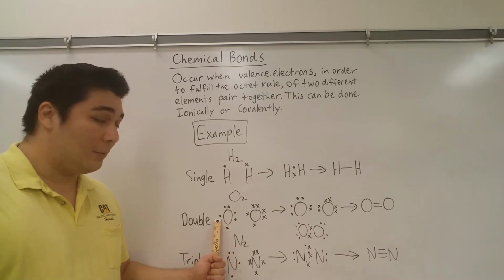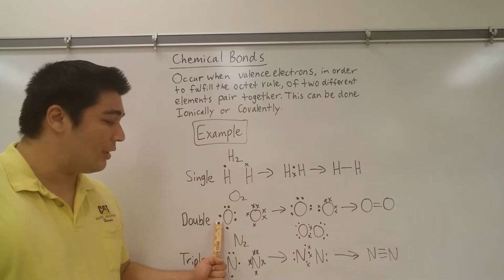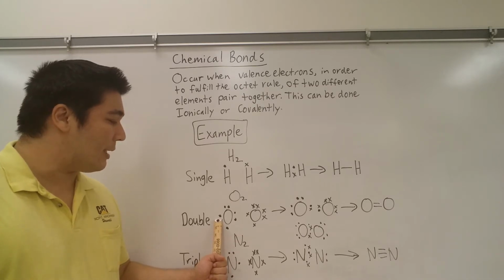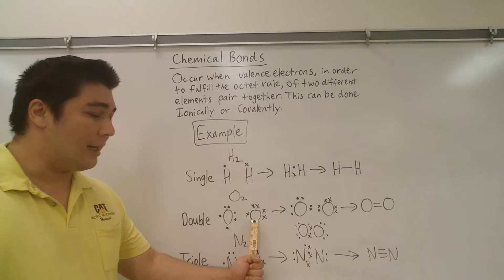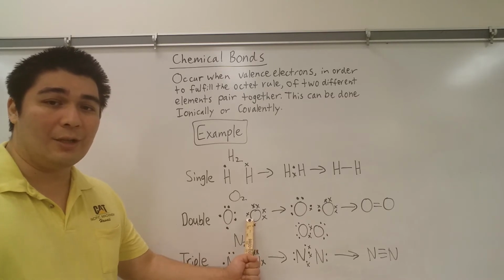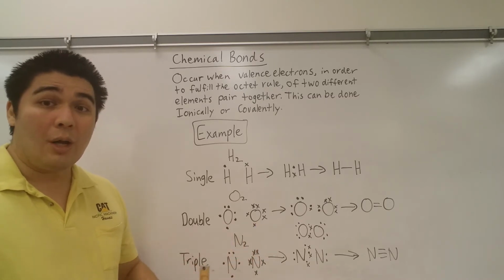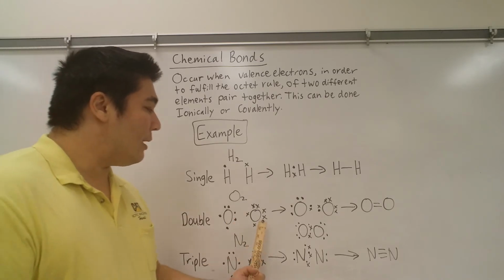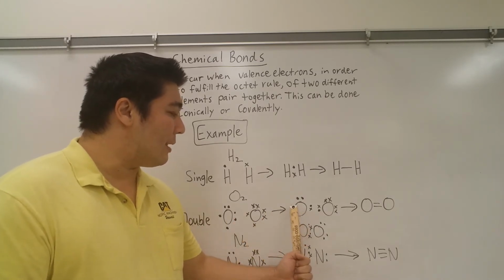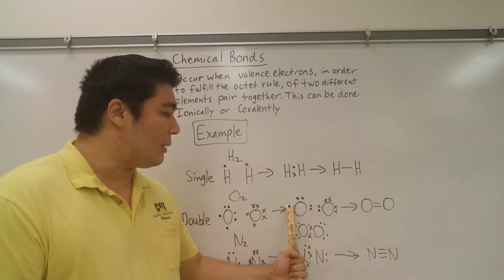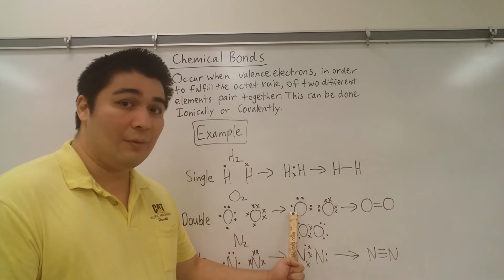Also, from the rules from this video, this oxygen has valence electrons as dots, and this oxygen has valence electrons denoted as X's.